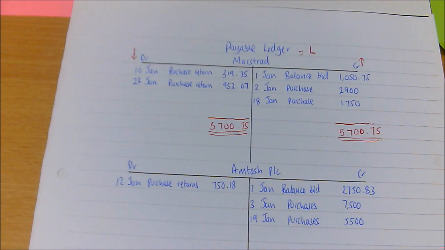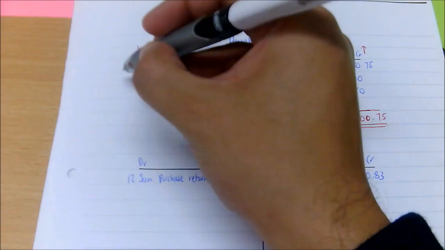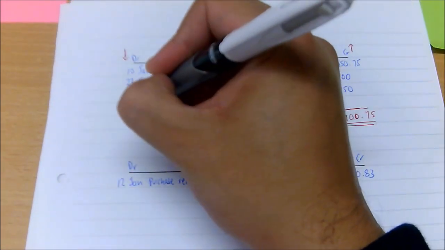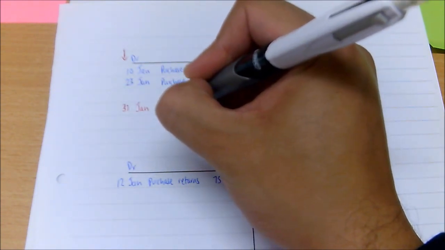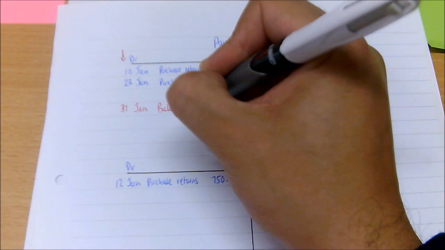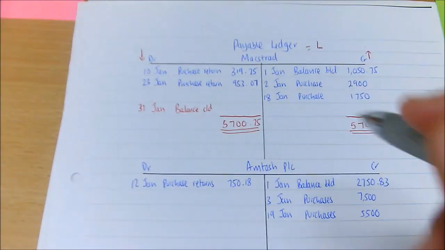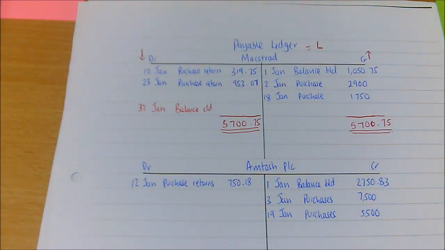So what do we do next? At the end of the month, on the 31st of Jan, we have a balance carried down. This is the amount we need in order to make up the total that we have here.